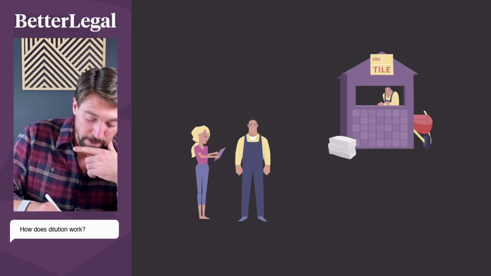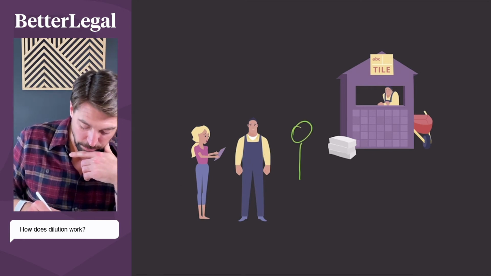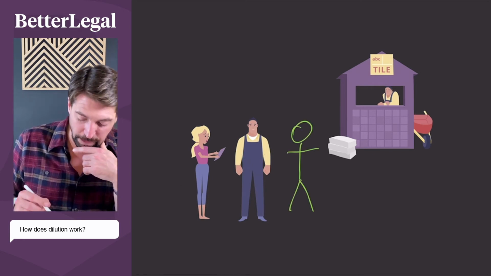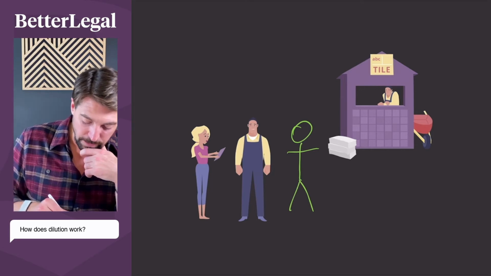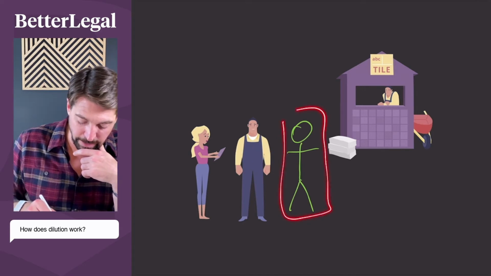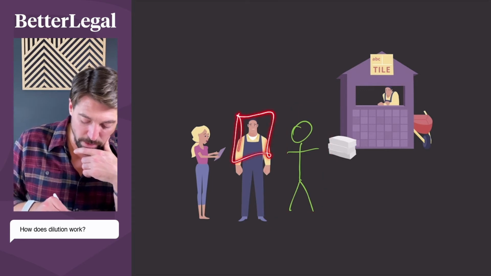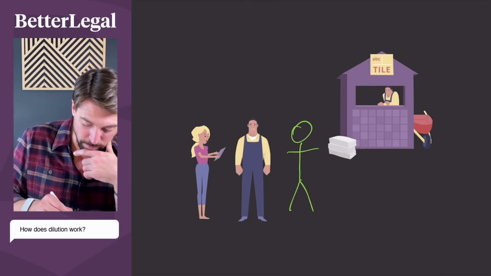Now, if we have a new individual that comes into the picture, this person wants to buy 25% of the company, but John doesn't want to sell his. Let's remember where we're at here.